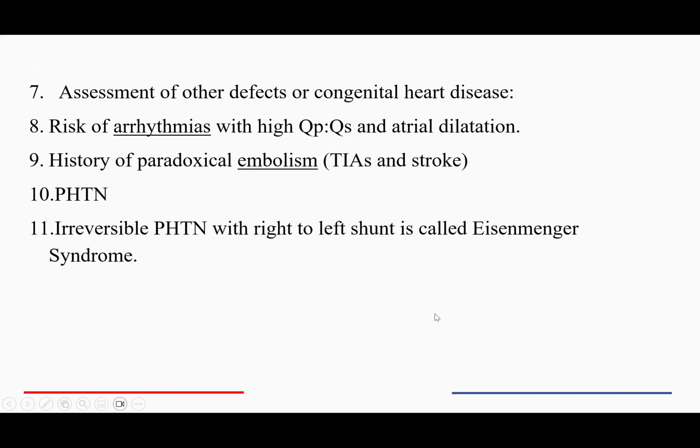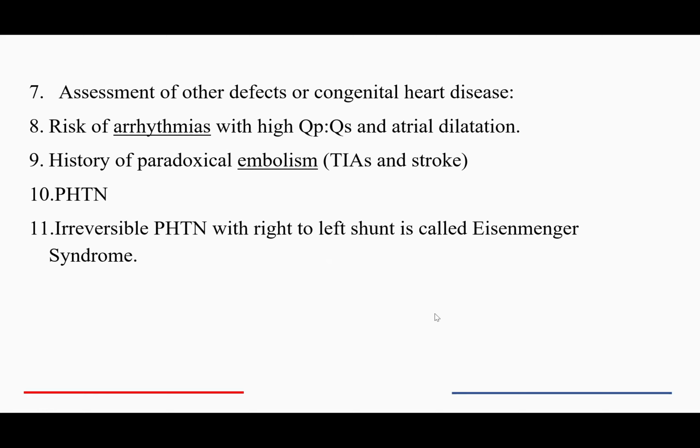Assessment of other defects or congenital heart diseases. This is important because when we are addressing a certain congenital heart disease like VSD or a canal or whatever, we should not miss other congenital heart diseases like PFO.